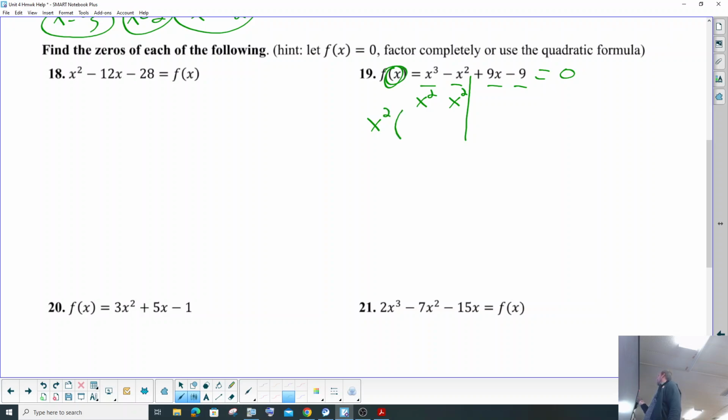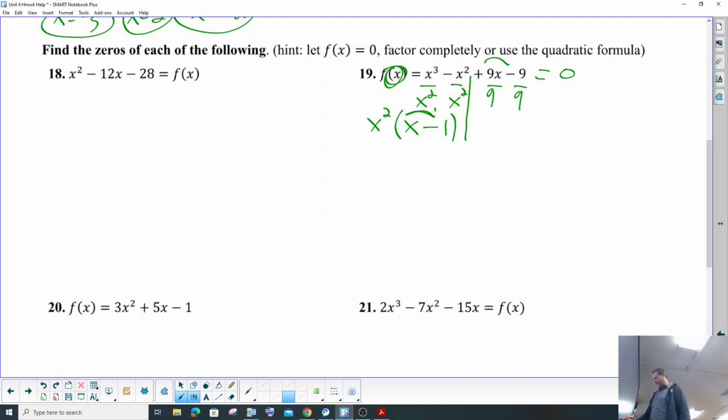Pull out an x squared. So we're left with an x minus a 1. X squared divided by x squared is just a 1. So is this a positive and a negative? Positive and a negative. Yeah, we're good. Positive. Okay, so we don't have to pull out a -9, just a +9 on this one.